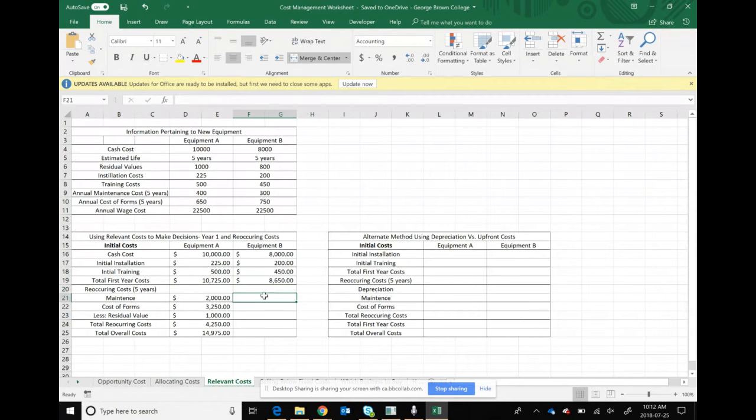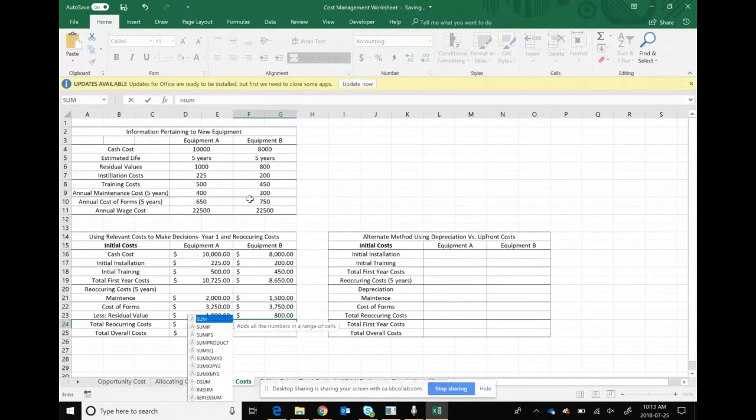Next we're going to calculate the cost of maintenance. If the cost of maintenance is $300 per year times 5 years, we get a total maintenance cost of $1,500. The cost of forms is $750 multiplied by 5 years. The residual value in this case is $800.